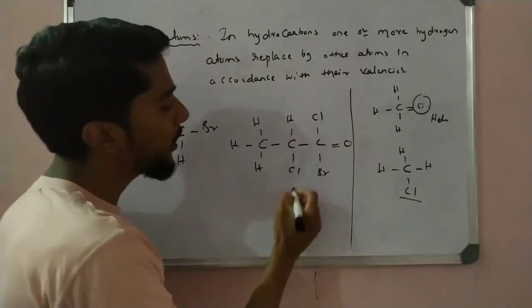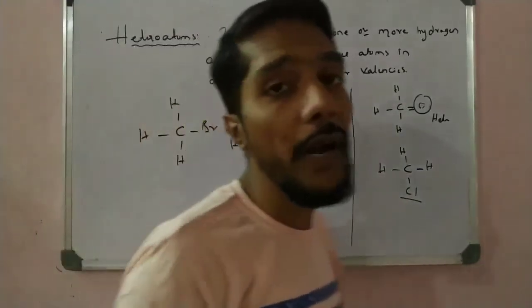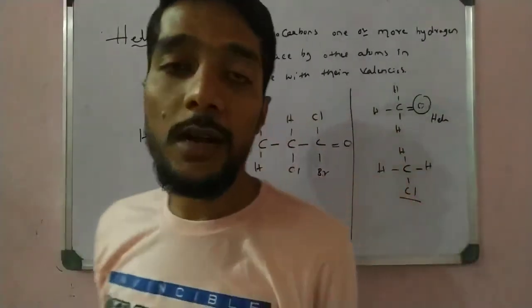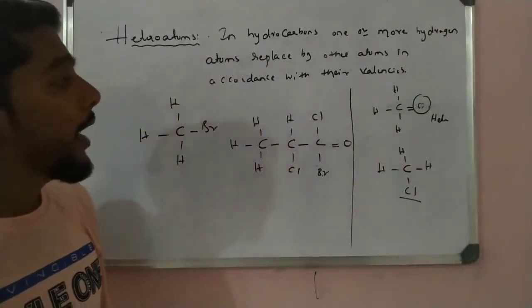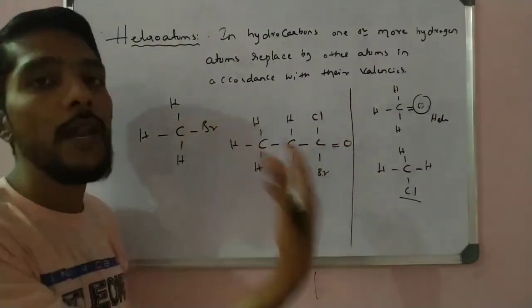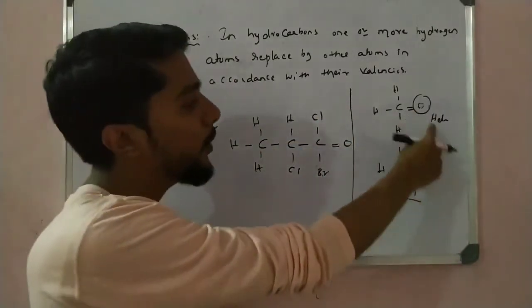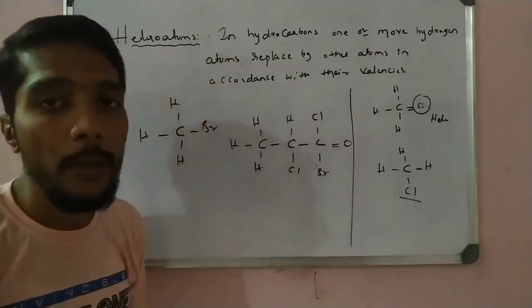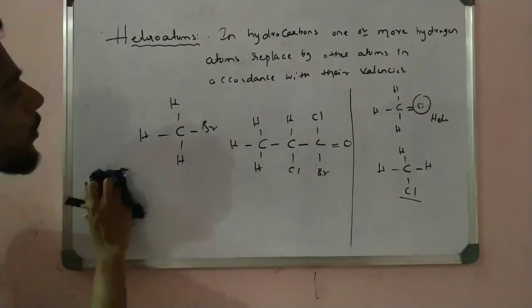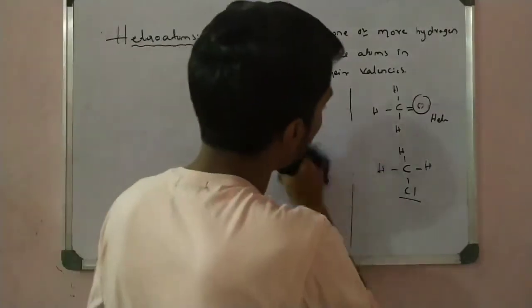So that is what heteroatoms are. This is the definition, simple: take a hydrocarbon chain, remove one or more hydrogens, and in place of them you can put other atoms, maybe oxygen, maybe Cl, or maybe Br. This is what heteroatoms are.